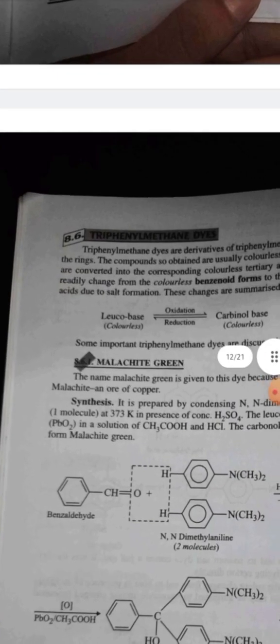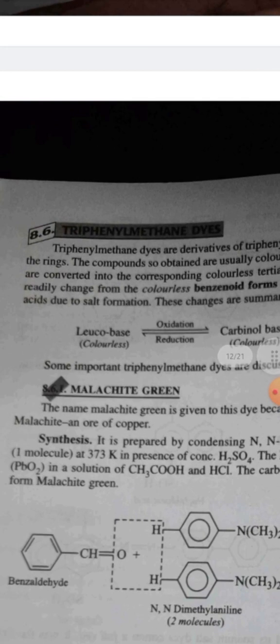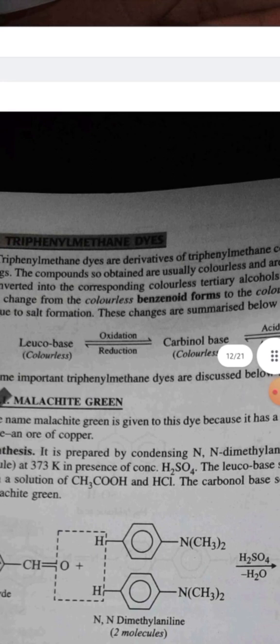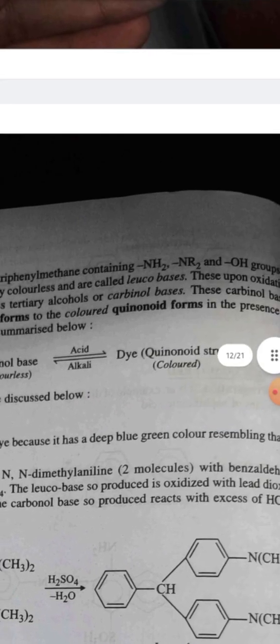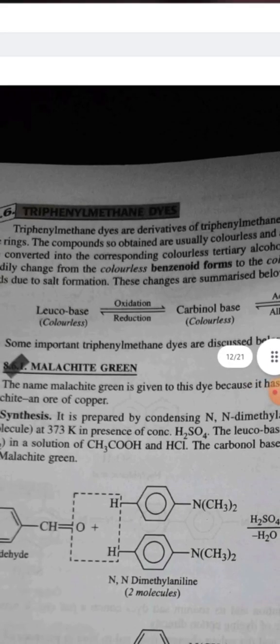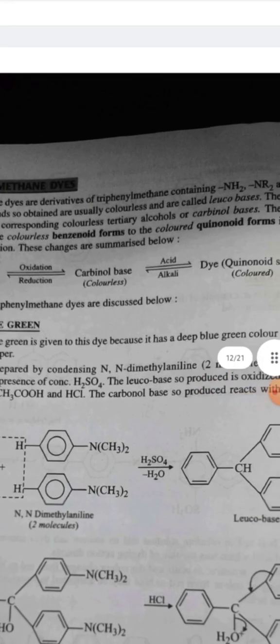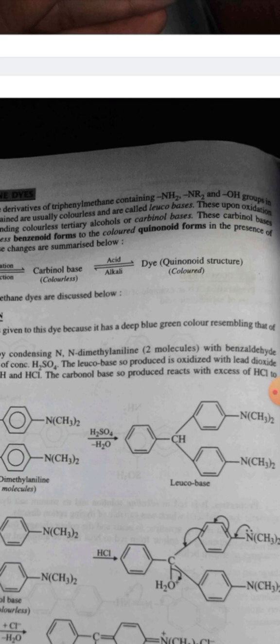Our next section is 8.6, that is triphenylmethane dyes. Triphenylmethane dyes are derivatives of triphenylmethane containing NH2, NR2 and OH groups in the rings. The compounds so obtained are usually colorless and hence they are also called leucobases.